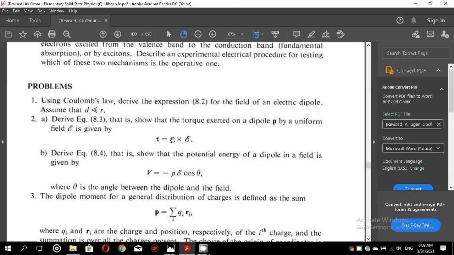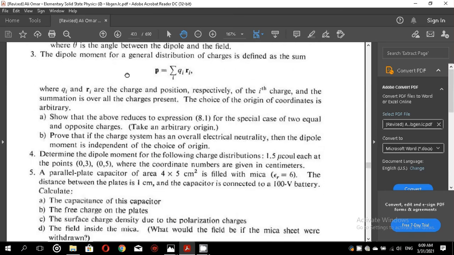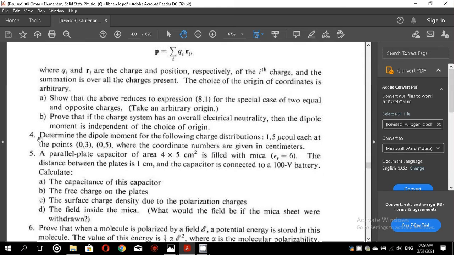Here we have taken the cross product, but for the potential energy we will have to take the dot product, and the potential energy is negative because it is attractive, and therefore you can derive this equation as well. Okay, for problem number 3, the dipole moment, sorry, problem number 4, you skip to problem number 3. Let's go to problem number 4.